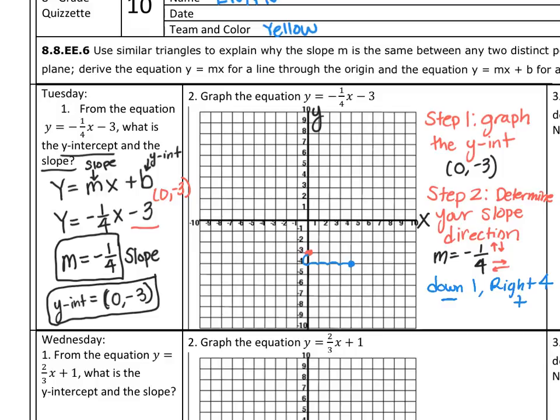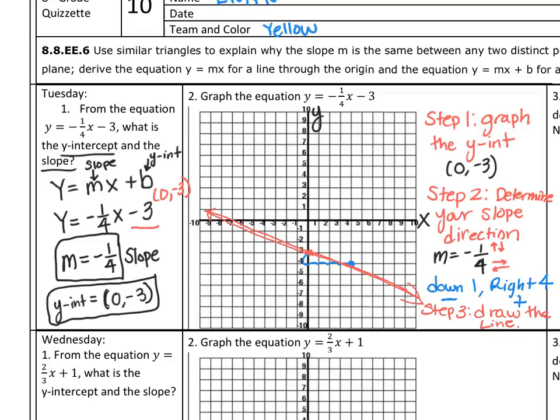And now, your last step is to draw the line. I'm going to do my best to draw this line. It's not always going to be straight. So you always want to extend it past the points and then end it with arrows. Try to make it as straight as possible.